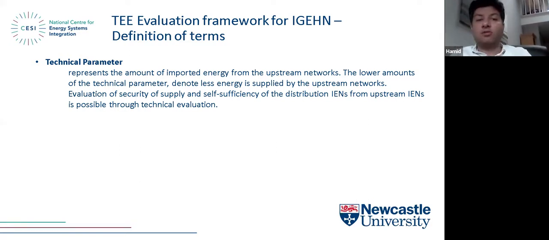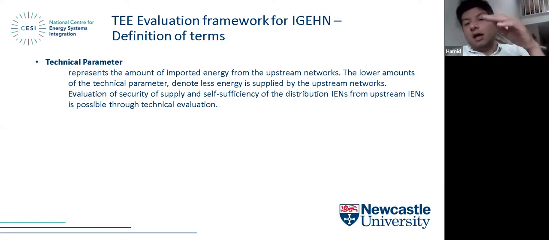For this techno-economic environmental evaluation framework for integrated gas, electricity, and distribution networks, we need to first define some terms. First, what do we mean by technical parameter? The technical parameter shows the amount of energy imported from upstream gas networks to the distribution level gas and electricity integrated networks.